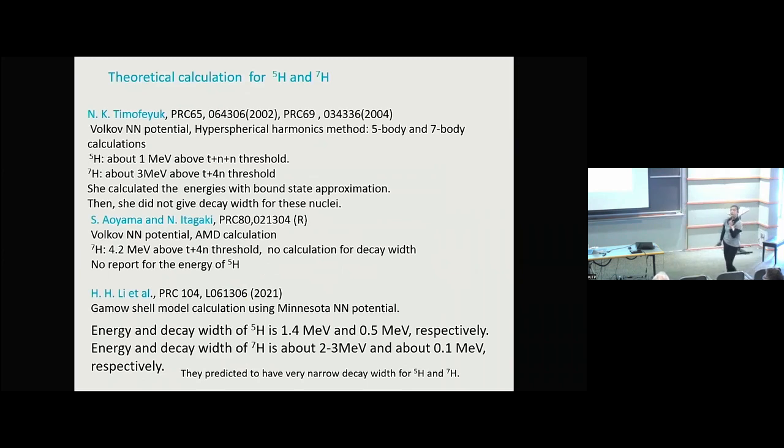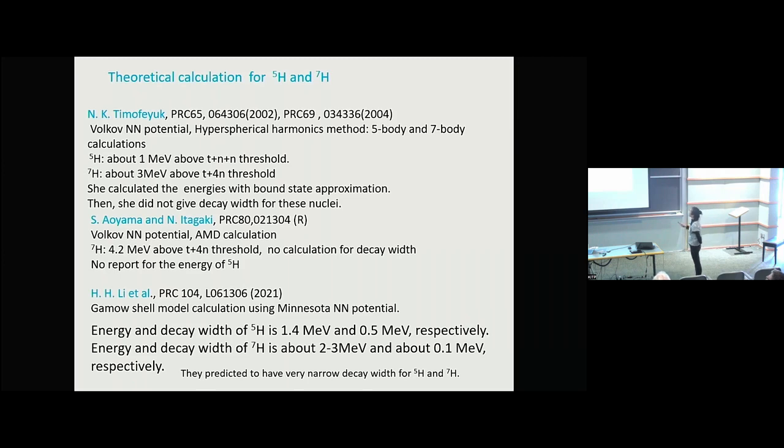Now I will explain the theoretical calculations for hydrogen 5 and hydrogen 7. About 20 years ago, Timofeyuk et al. calculated hydrogen 5 and hydrogen 7 using the Volkov NN potential within the framework of the hyperspherical harmonic method.